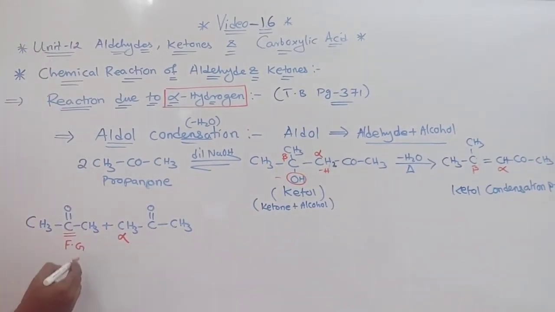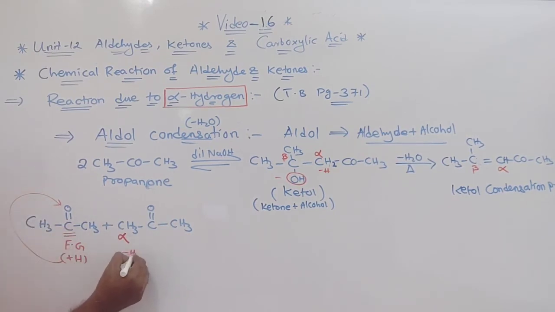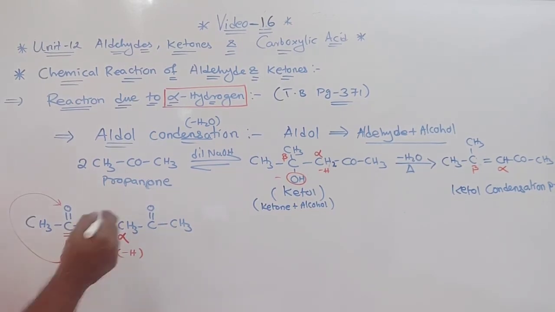Okay, now you can see. In the functional group we will add hydrogen, that is, hydrogen we are going to add at this position. From alpha we are going to remove one hydrogen. So what is that product? It is the beta hydroxy product.